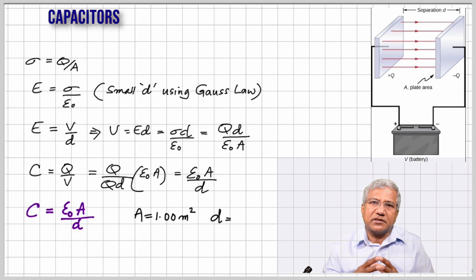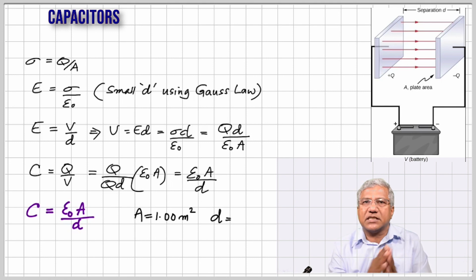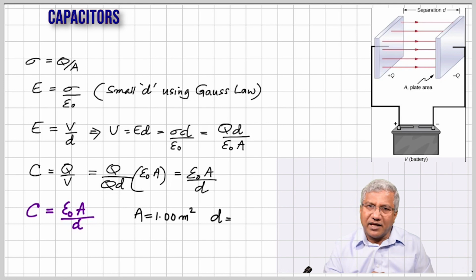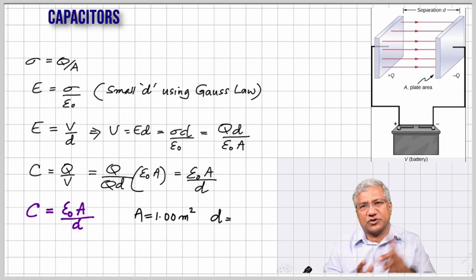It just shows how many times bigger the permittivity of the material is compared to air. It might be 2, 3, 4. It's just a number without any units. So remember that. K for air is, of course, 1.